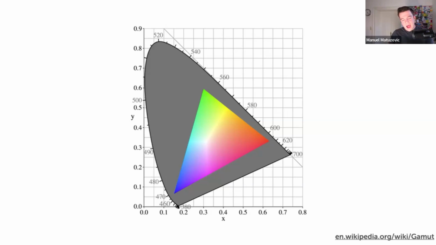And outside this triangle, you see this gray shape, and this gray shape represents the colors that we can actually perceive. So you see that the amount of colors that we have access to is very limited. There are way more colors that we could actually see, but that's all we can use with hex or sRGB, for example.